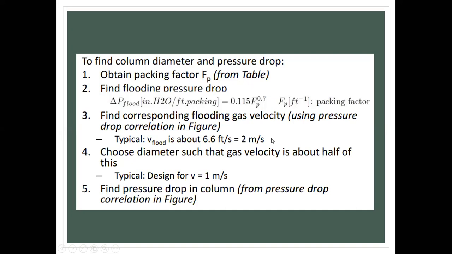So it's half, just like what I mentioned a while ago, that the tower diameter is based on 50% of the flooding condition. So the linear velocity of the gas at flooding is also, in this case, divided by 2. After that, we find the pressure drop in the column from the pressure drop correlation figure. It will be shown to you on the next slide.